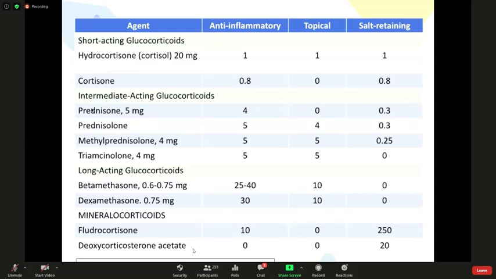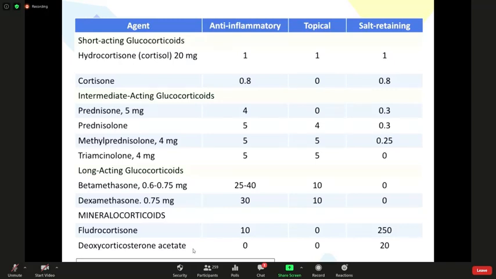And the typical dose for acute treatment, let's say an acute asthma, or let's say you have rheumatoid arthritis or lupus, is around 1 milligram per kilogram per day. Sa children, I think even double, 1 to 2. So kung ano siya, 50 kilogram person, that's about 50 milligrams in divided doses. The higher dose in the morning and the smaller dose in the evening.